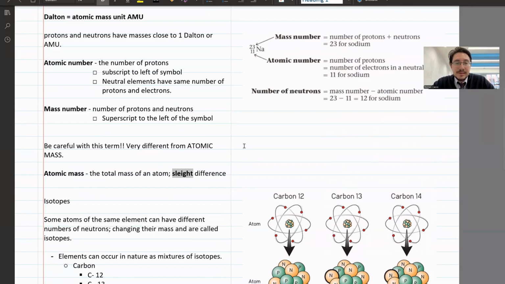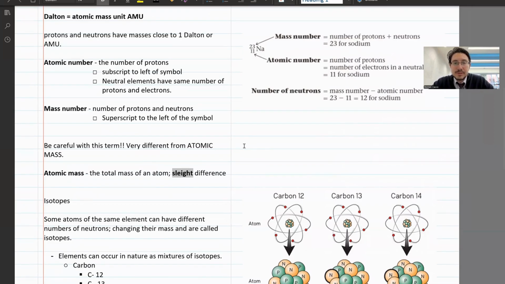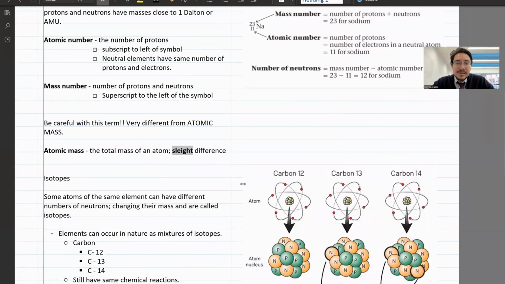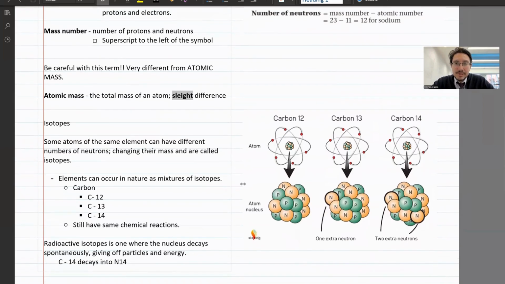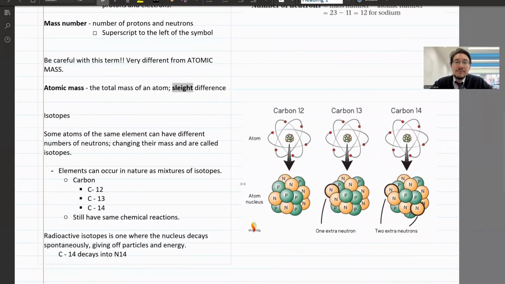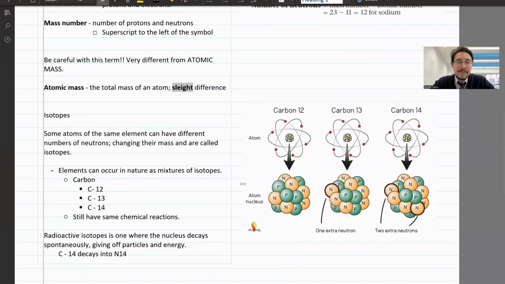There is a slight difference between a mass number and atomic mass. Mass number is just the addition of protons and neutrons. Atomic mass is a kind of average of the different forms of an atom, based on the number of neutrons that it contains. And these are referred to as isotopes, right?